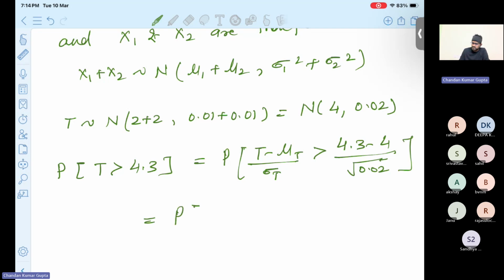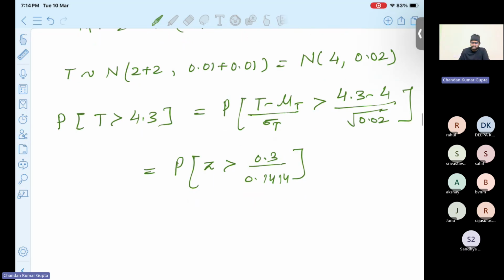So this is the probability that Z is greater than 0.3 upon the square root of 0.02, which comes out to be approximately 0.1414.